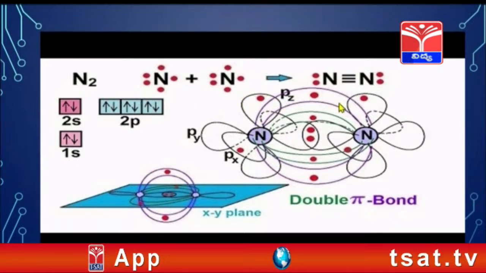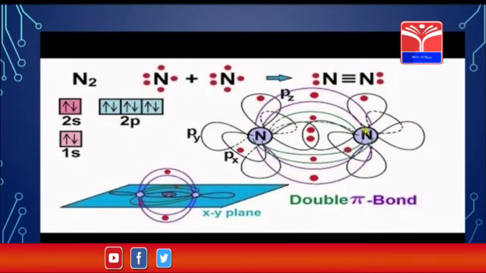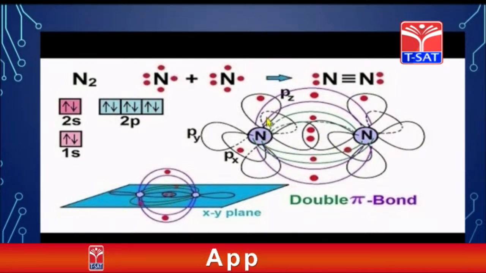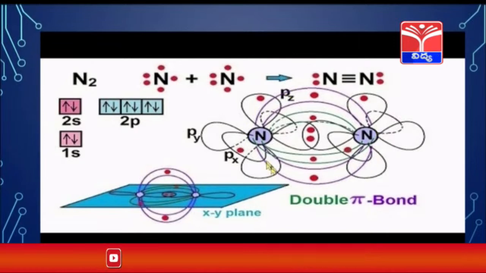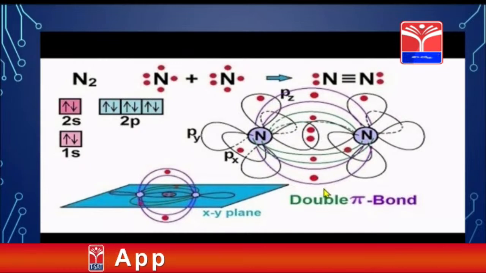Now all the 3 orbitals are going to overlap. First, the pz orbitals along the internuclear axis will overlap with each other, thus forming a sigma bond. And so after the formation of the sigma bond, the other 2 orbitals will overlap laterally. So if you look at this, this is the py orbital overlapping above and below the internuclear axis, and this is the px orbital overlapping above and below the internuclear axis laterally, forming 2 pi bonds.